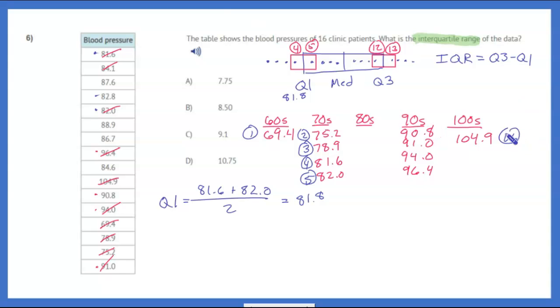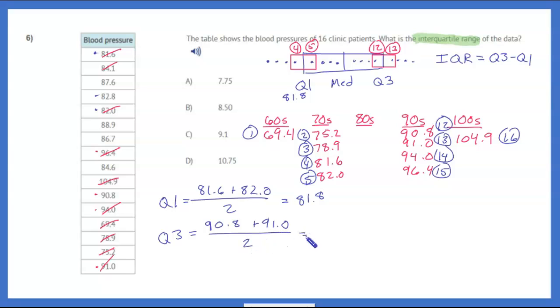This was number 16, this is 15, 14, 13, and 12. We have got the numbers we need. We've got 13 and 12, which will evaluate Q3. So let's get Q3 now. Q3 equals the number in between 12 and 13, so we're going to add those values together. 90.8 plus 91.0.